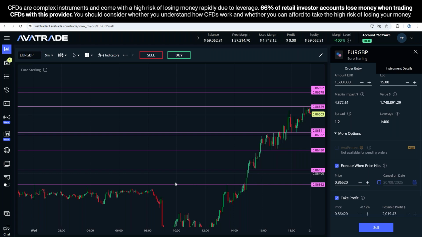Still, the low would be below this more major support level down here. So let's shoot for take profit just before this major support level here, which would be 86.38.